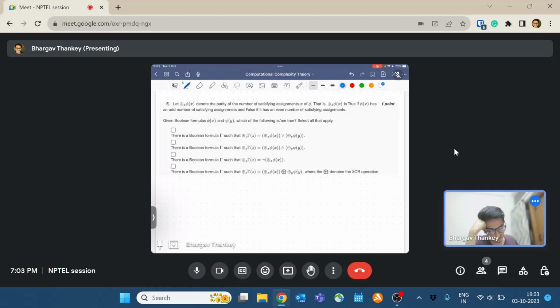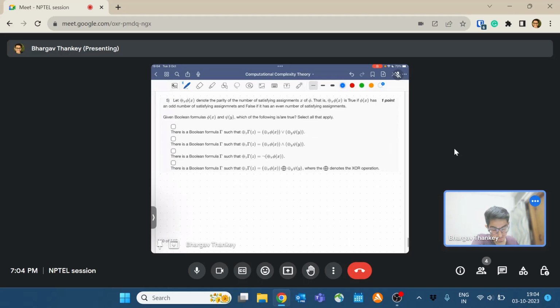Option A: there is a Boolean formula gamma such that parity_z gamma(z) equals parity_x phi(x) or parity_y psi(y). Option B: there is a formula gamma such that parity_z gamma(z) equals parity_x phi(x) and parity_y psi(y). Option C: there is a Boolean formula gamma such that parity_z gamma(z) is not of parity_x phi(x). And option D: there is a Boolean formula gamma such that parity_z gamma(z) is equal to parity_x phi(x) XOR parity_y psi(y).